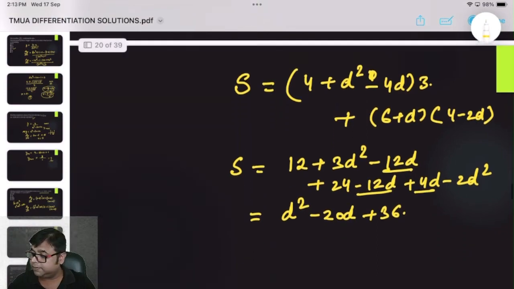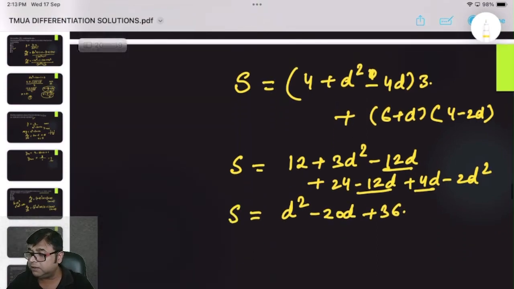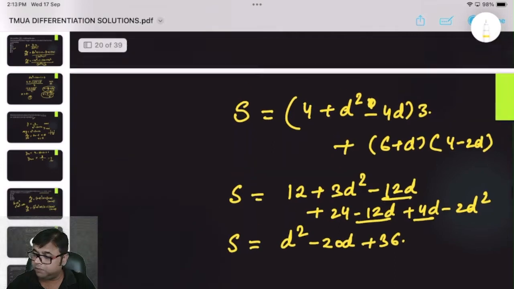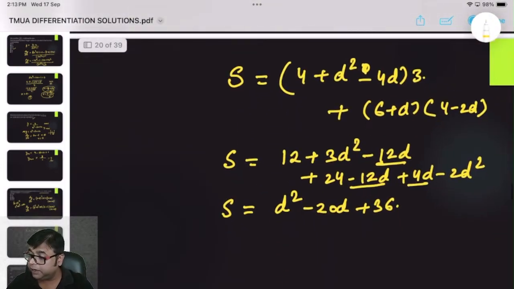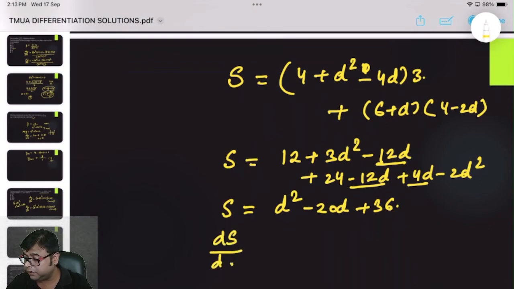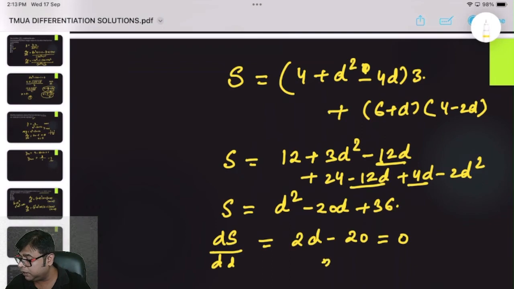This is s. Now I have to find the minimum value, the least value of the gradient. So now I will be differentiating it again with respect to d. It will give me 2d minus 20. And finally, if I put it equal to 0, d will be 10.